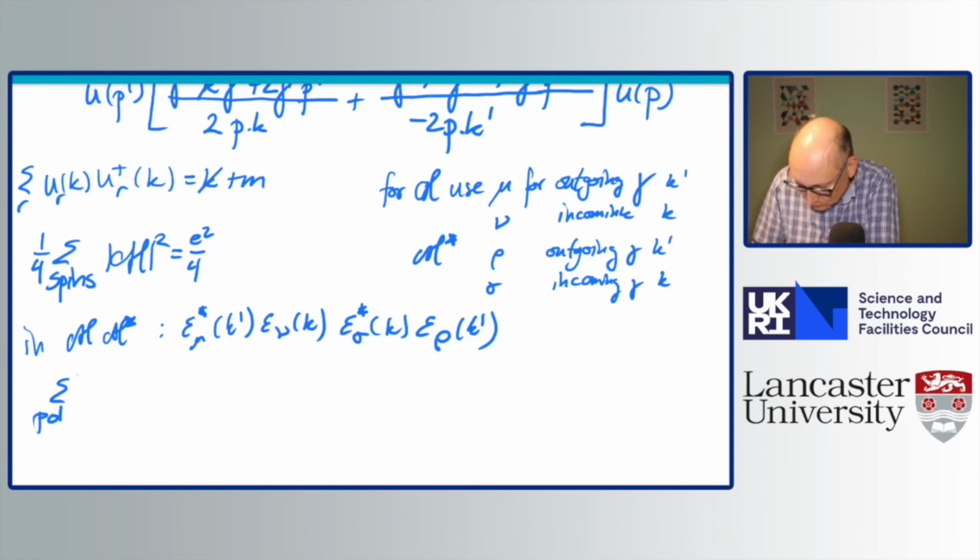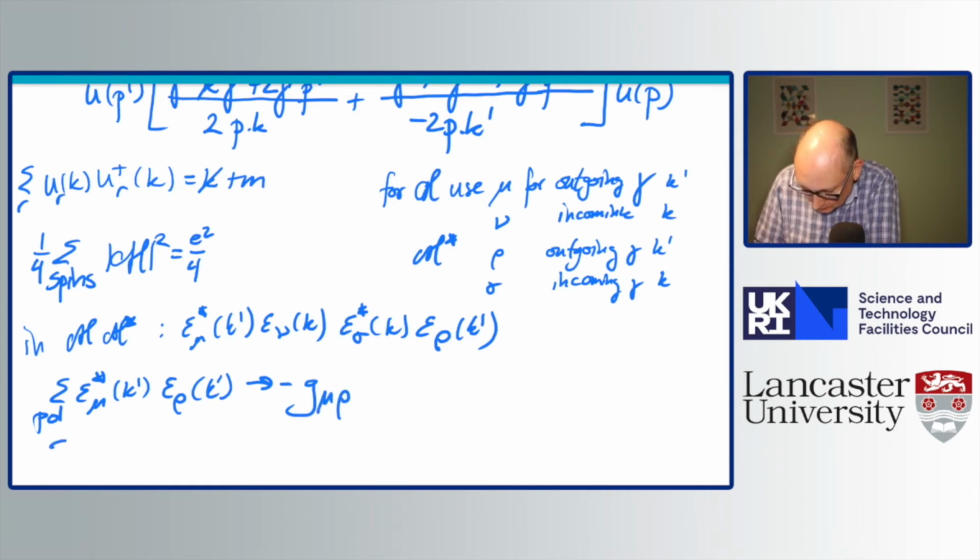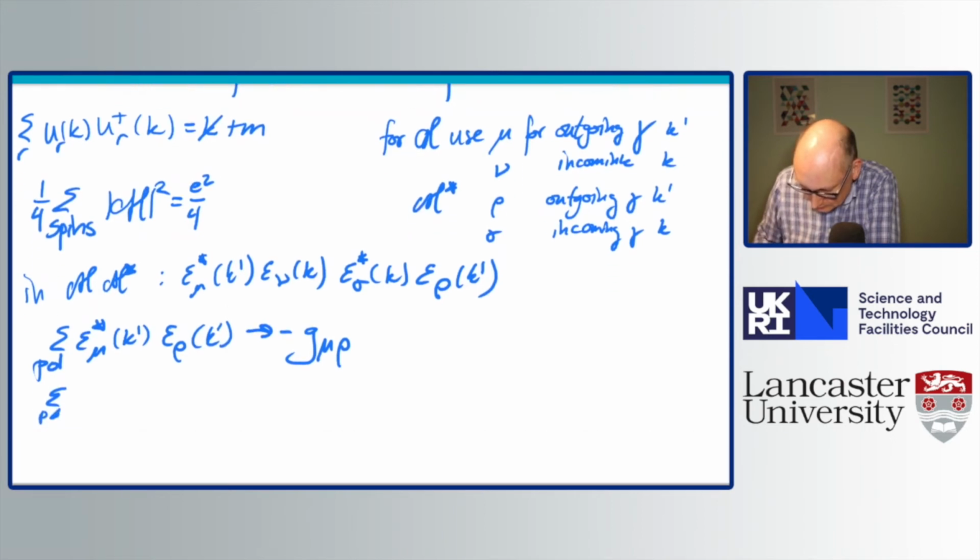So if we sum over polarizations here, then using the results that we just derived, epsilon star mu k prime epsilon rho k prime would give us a minus g mu rho, and the sum over polarization of epsilon star sigma k epsilon nu of k would give us a minus g nu sigma.